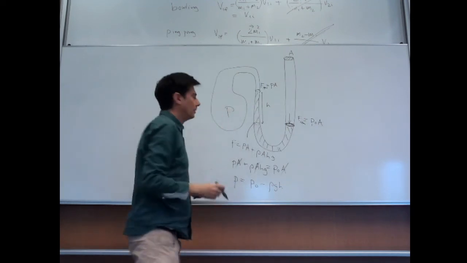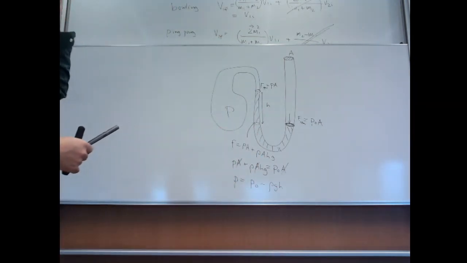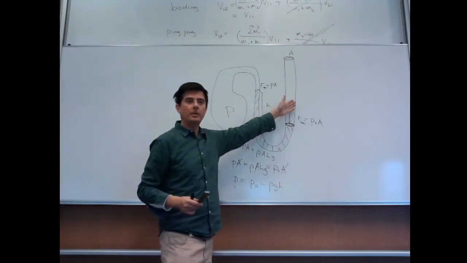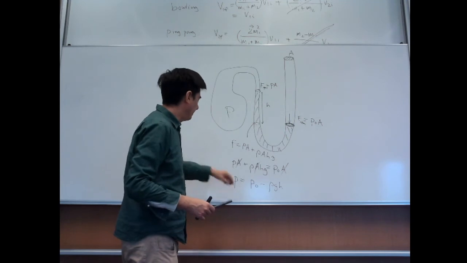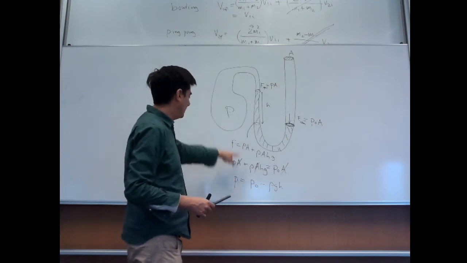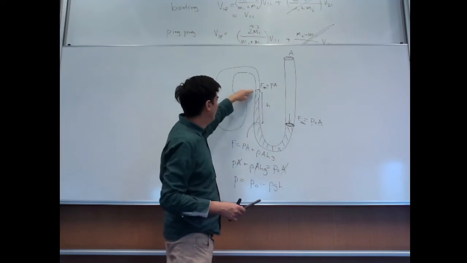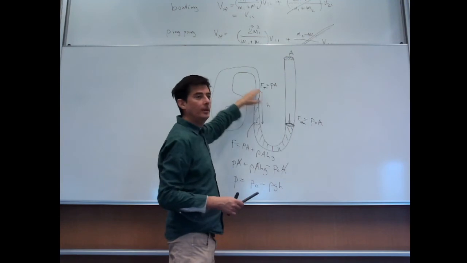This bulb here has some pressure, and it's relative to atmospheric pressure, but you can measure the pressure basically by looking at how unbalanced the positions of the mercury columns are.